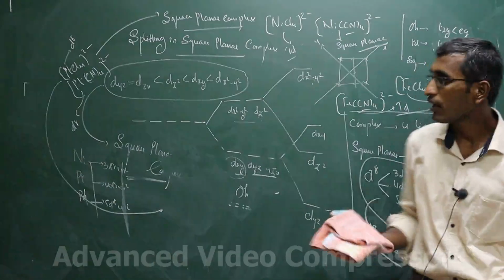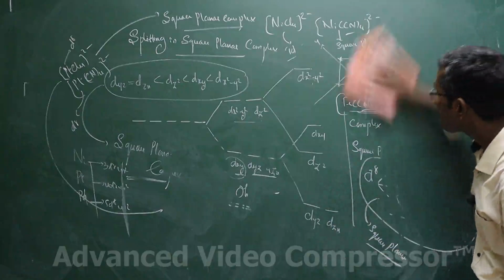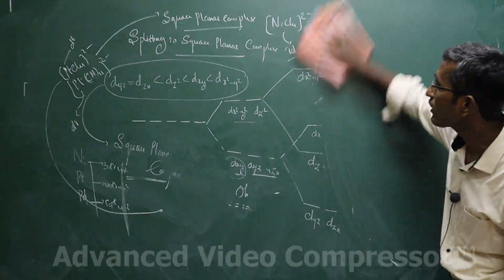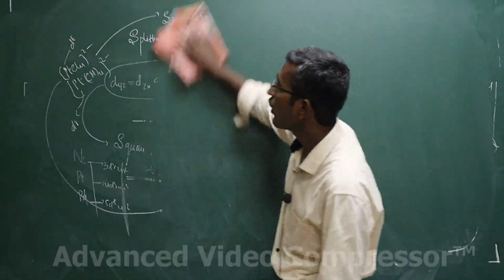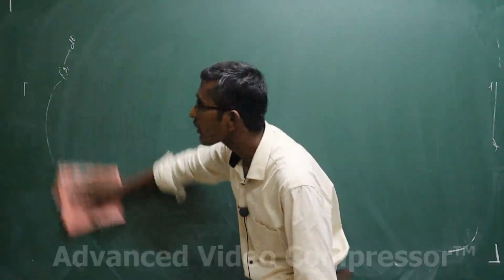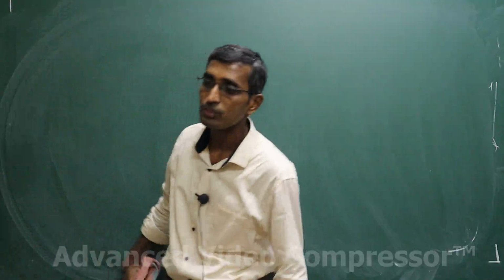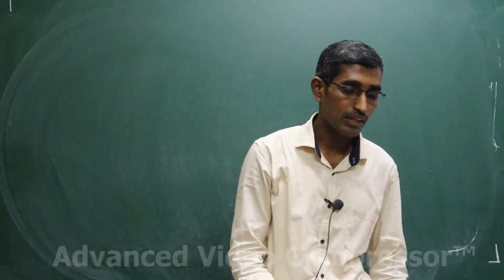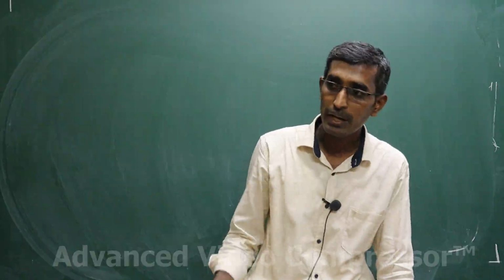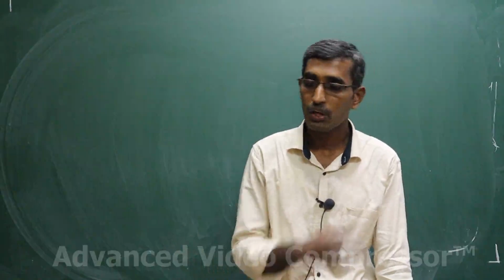Okay, so we have ended the splitting pattern. Crystal field theory, in a way we have done the basic aspect, that is the splitting pattern in octahedral, tetrahedral and square planar complexes. Now we have to take up the application part of crystal field theory, that is, we need to predict magnetic property, color, outer orbital and inner orbital complexes, stability, all those things.